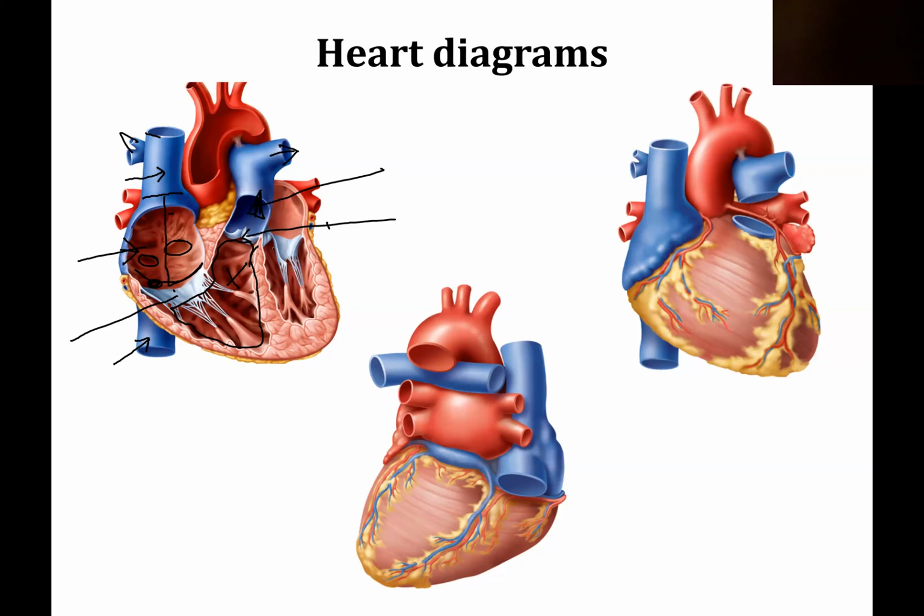Both of the pulmonary arteries, both sides, are going to dump into the lungs. Then the blood is going to come back from the lungs via the pulmonary veins.